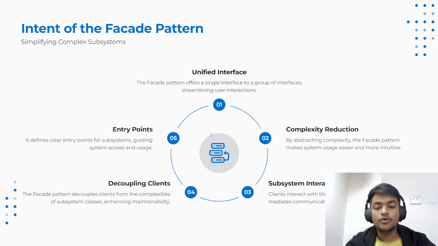The facade pattern provides an easier way for users to work with cloud computing software. This simplification reduces not only the complexity for the user but also the likelihood of errors, making the overall system more reliable and easier to maintain.